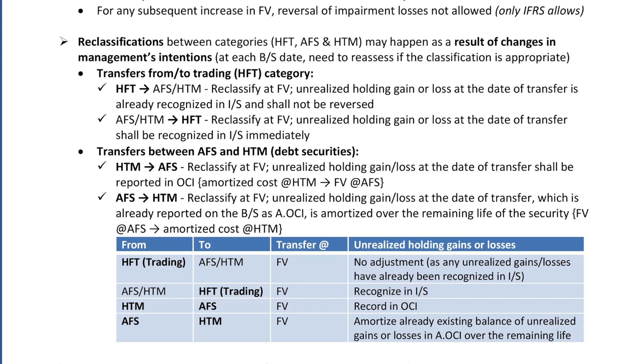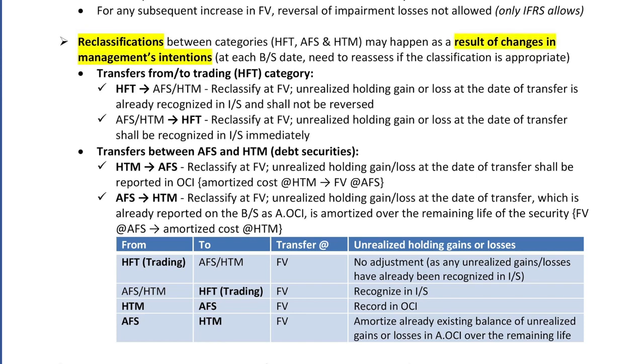On the next bullet, we're looking at reclassifications. So the classification of debt securities is based on management's intentions. And intentions, guys, they can change. So reclassifications may happen as a result of changes in management intentions.